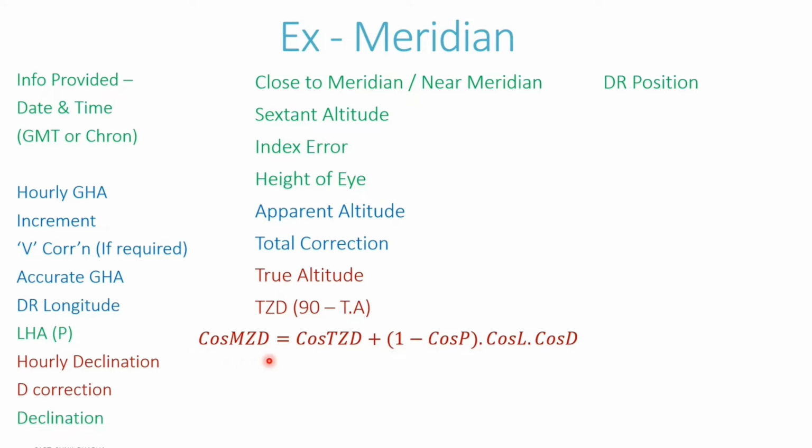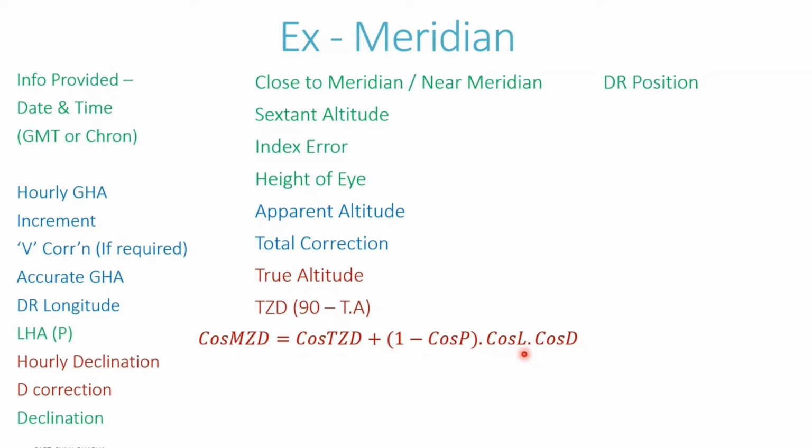So cos of MZD is equal to cos of TZD, that is the true zenith distance, which has been calculated already from the true altitude of the body, plus 1 minus cos of P. P is available to us. We had calculated the LHA, which gave us the value of P, into cos of latitude into cos of declination.